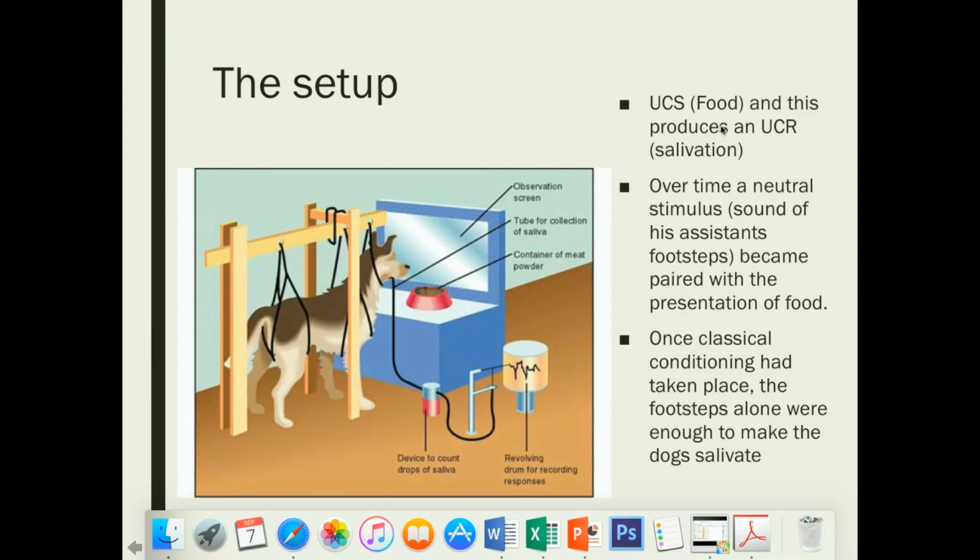Pavlov reasoned that, although presentation of the food produces the unconditioned response of salivation, an unlearned relationship, over time, the dog learned to associate the assistant's footsteps with the presentation of food, so much so that he anticipated being fed when he heard the footsteps alone, and began to salivate even though there was no food. In this way, the dog had learned an association between two conditions.